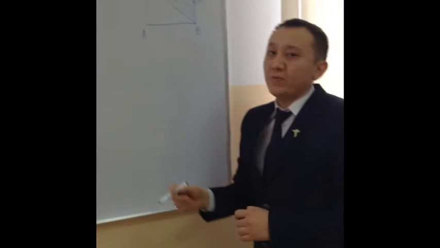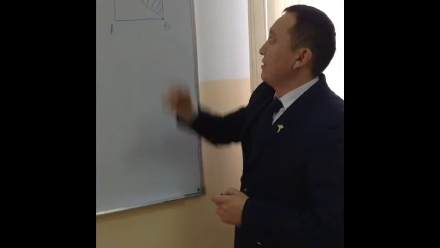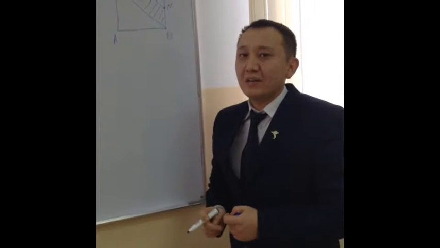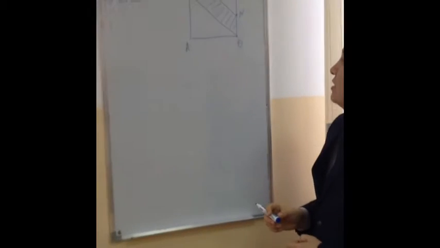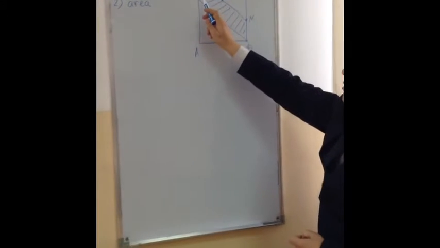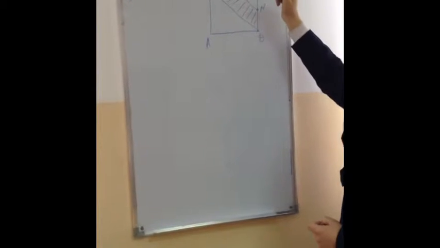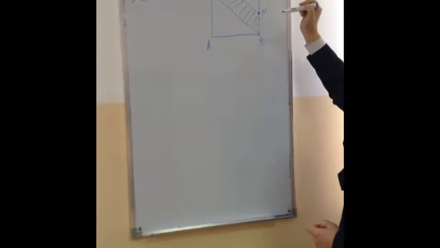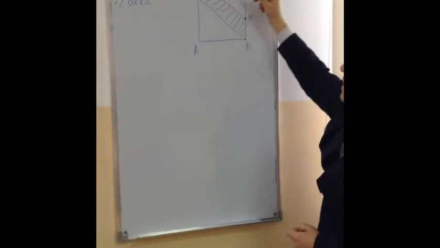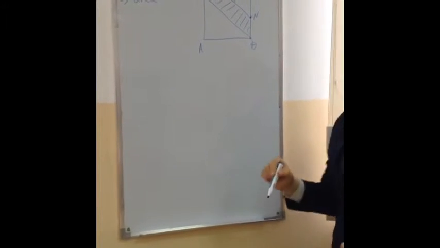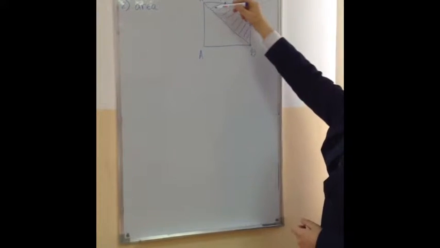So before solving this task, we have to determine what this figure is. Is it a rectangle, a trapezium, or a rhombus? So as we know, let's look at triangle BCD. If M is the midpoint and N is the midpoint, then MN is the midline of this triangle BCD. And according to the theorem, a midline is always parallel to the base.